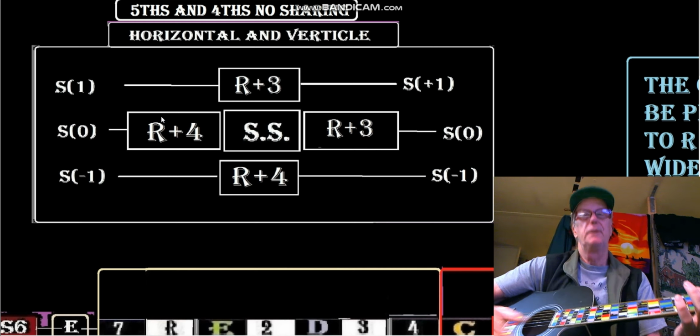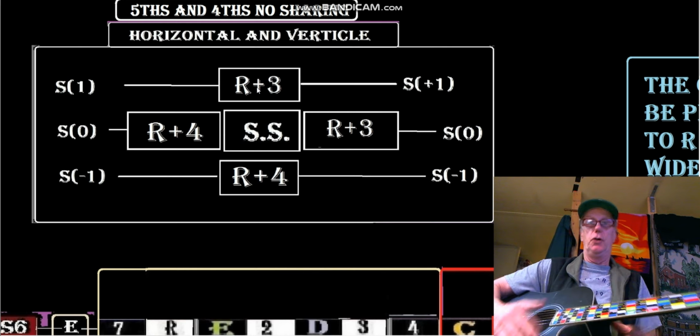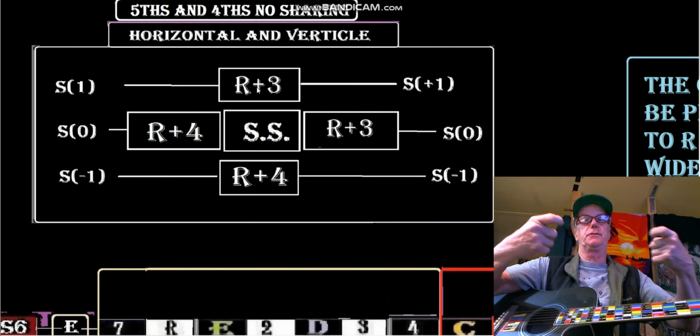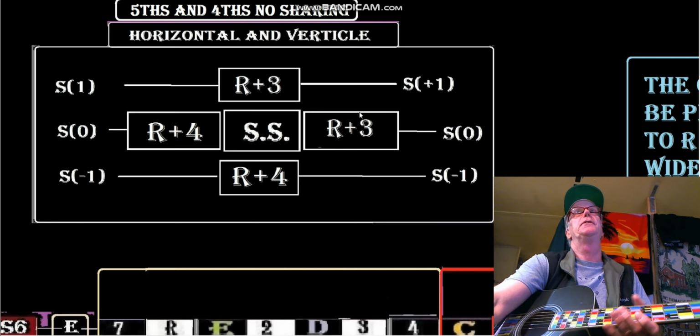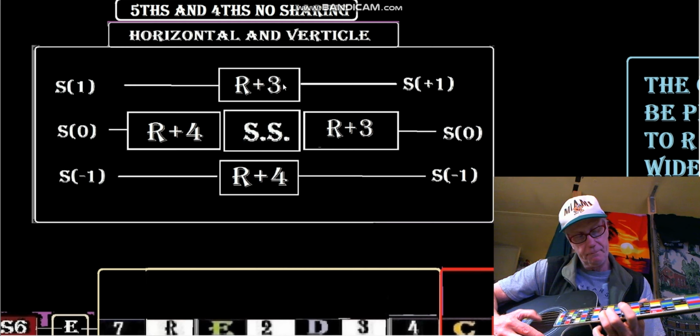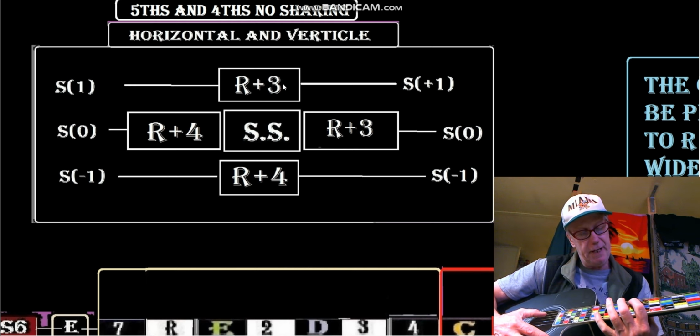Yes. And the same relationship exists. Now that's when you're going with no sharing of string shapes. Above to the next string, below to the string below it is the same thing. Root plus 3 is above, and below we're going to have that D string shape.